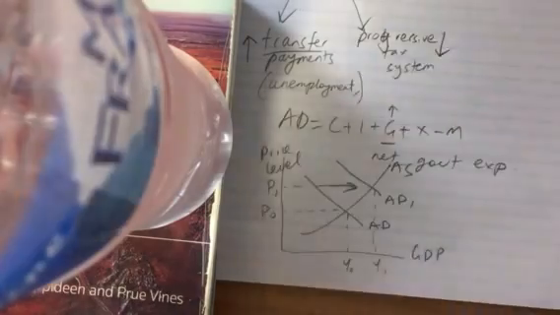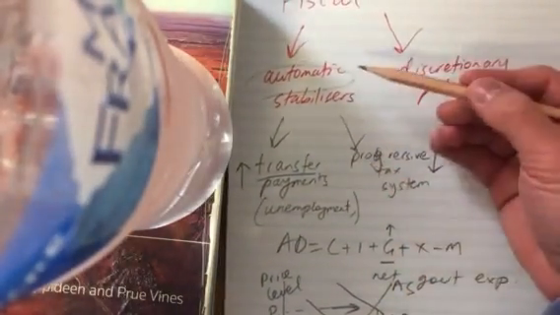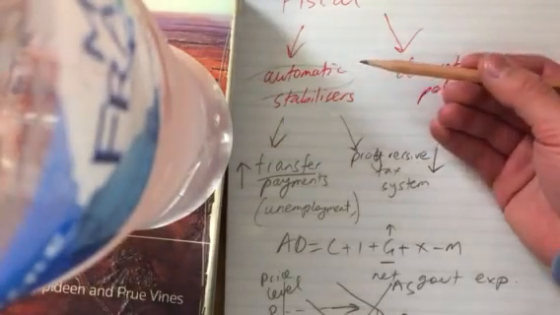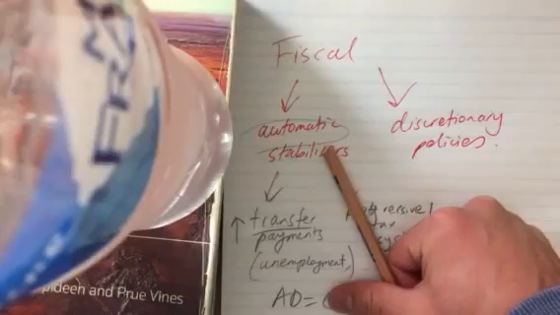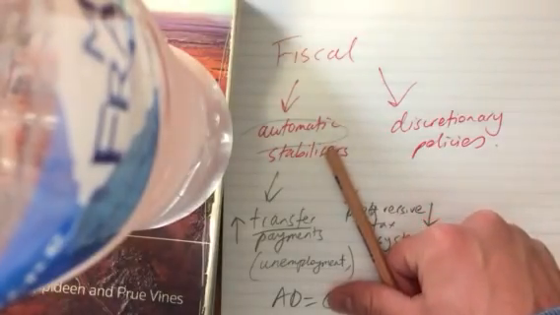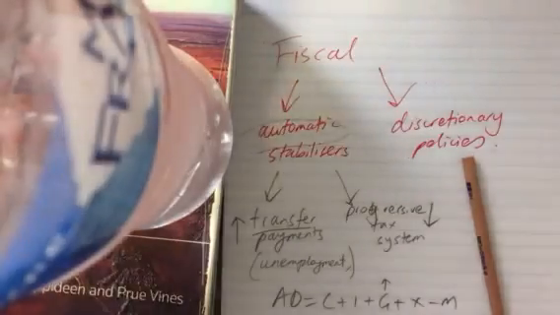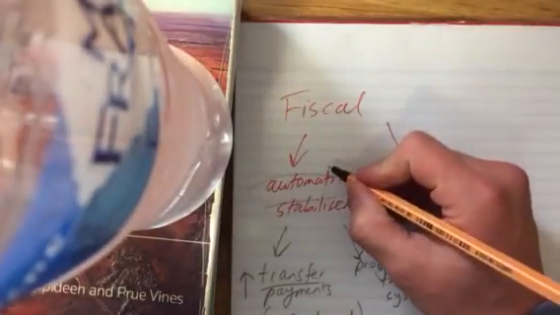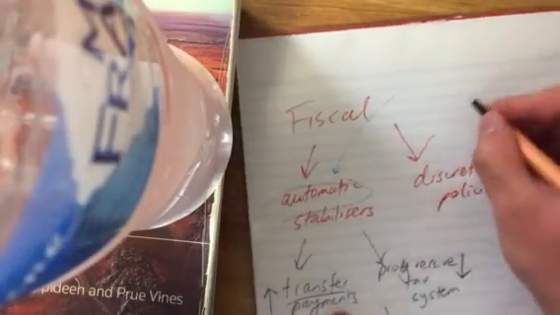Okay, so we talked about automatic stabilizers. If I had to sum this up in one sentence, it is the components of fiscal policy which smooth out fluctuations in the business cycle without any need for government for specific legislation changes.